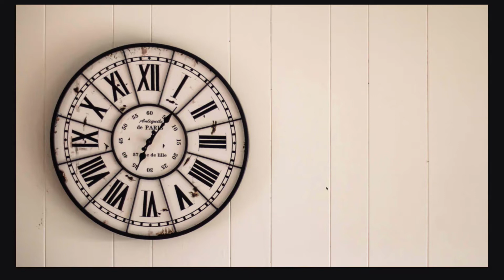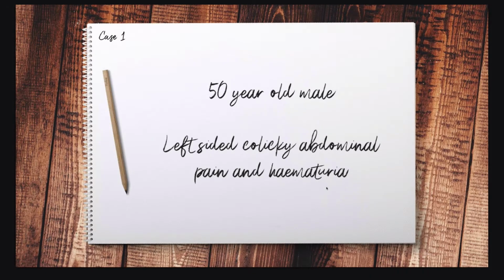So let's go through the first example, which is a 50-year-old male with left-sided colicky abdominal pain and hematuria. With this kind of question, they'll normally request a specific exam, because what they have in mind is ureteric colic or renal colic.